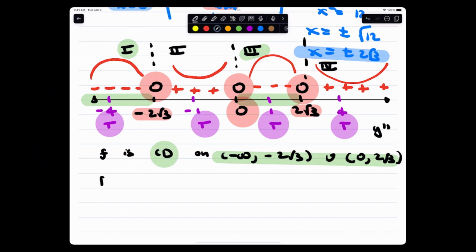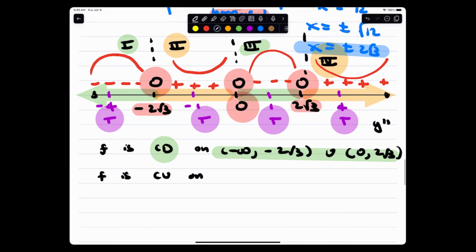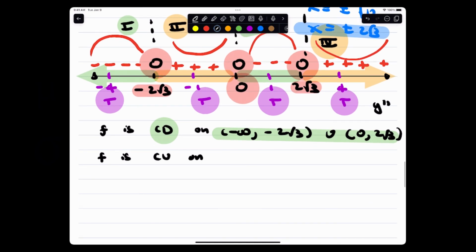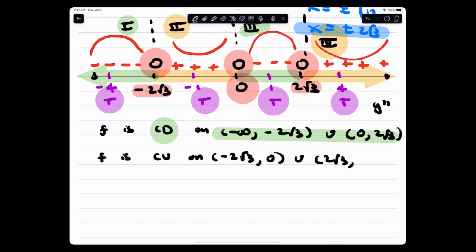So that's how we answer this. And then you say now, F is concave up on what interval? Well, now, region 2 for these values of x, region 4 for these values of x, forever. Just like over here, this also went forever, just to kind of remind you guys. Okay, so you're going to be concave up on what interval now? Negative 2 square root of 3 up to 0, union 2 square root of 3 to infinity.